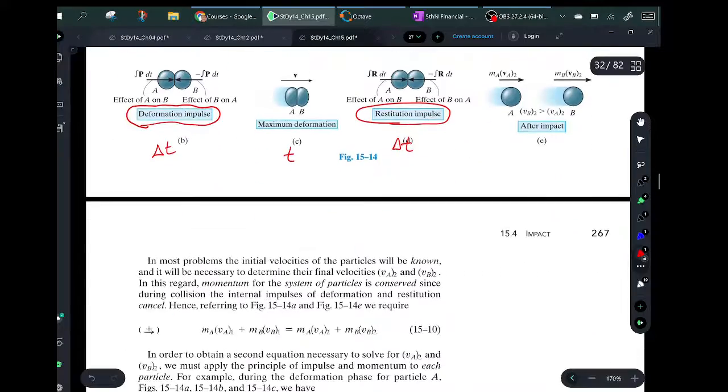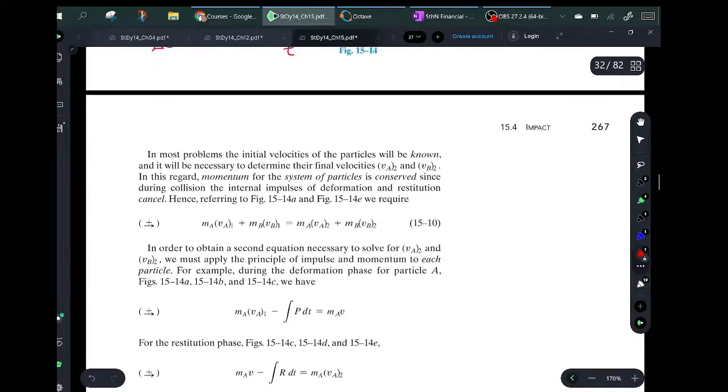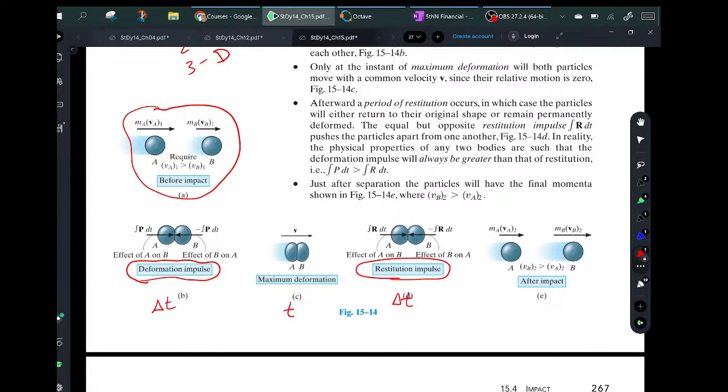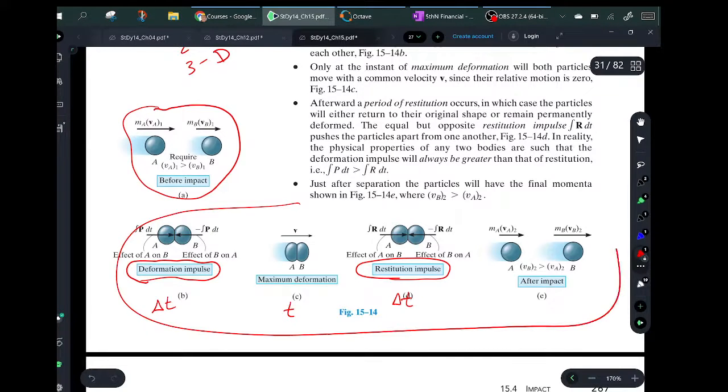Now what he does is he says, hey, if we consider this to be a system, there are no external forces placed on either ball A or B during all of these phases.